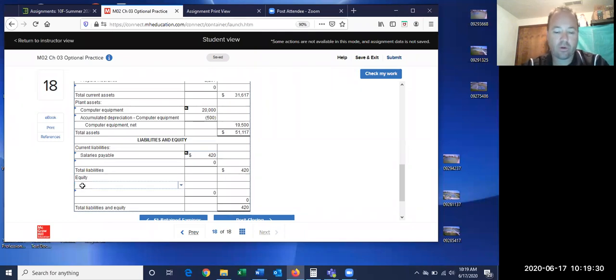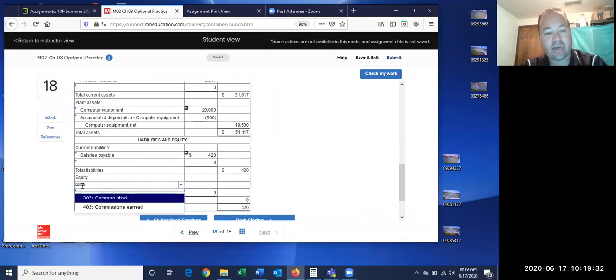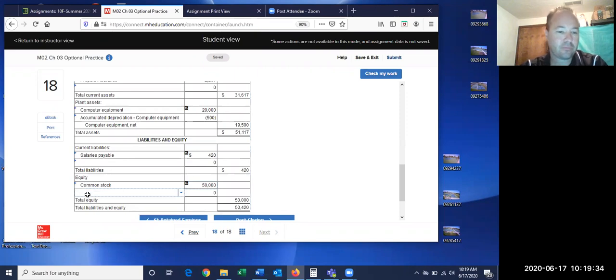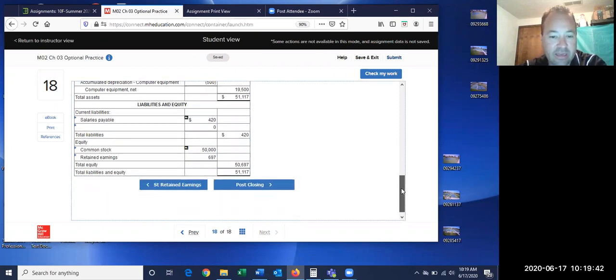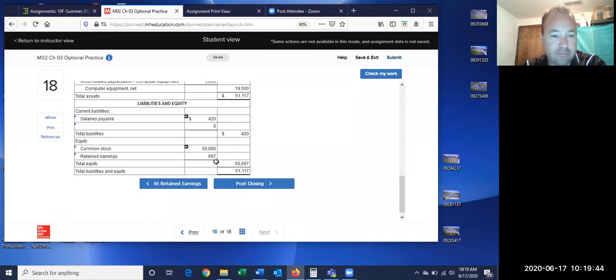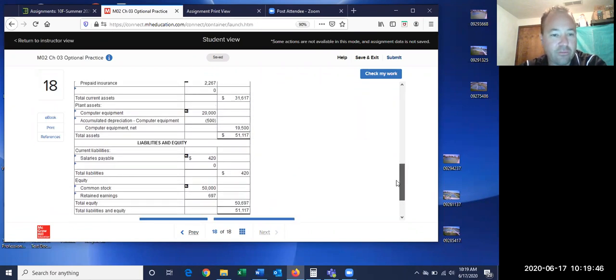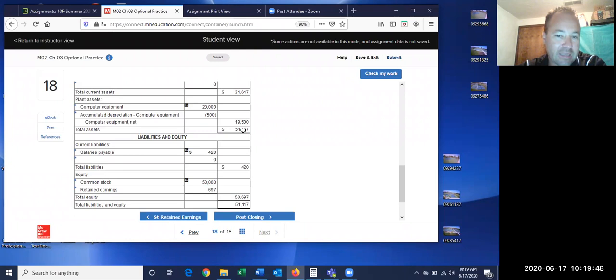We come down and now we're at our last two accounts, our common stock and our retained earnings, our ending retained earnings. Oh, and it remembered it for us. 697, that is correct. That is what it should be. And then our check figure: do our total assets equal our total liabilities and owner's equity? And they do.